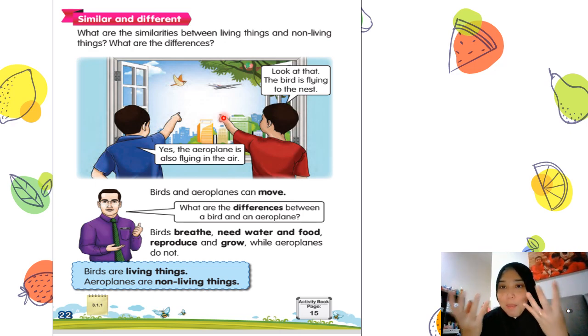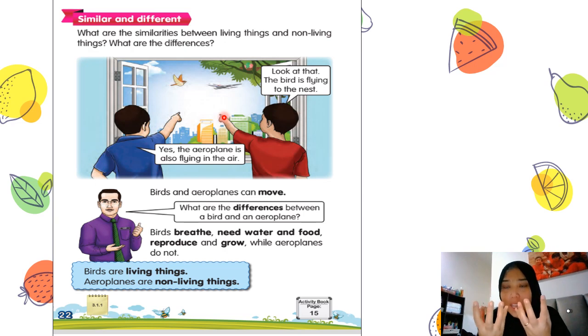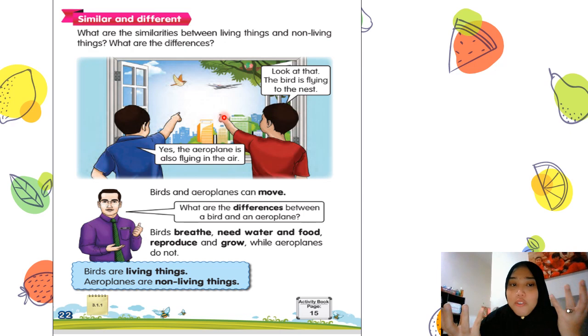Cuba cari apa sama. Dah dapat jawapan? Yes, betul. Kedua-duanya bergerak. Aeroplane terbang. Burung juga terbang. Aeroplane fly. Birds also fly. That is the same. Okay, so both aeroplane and bird can move.